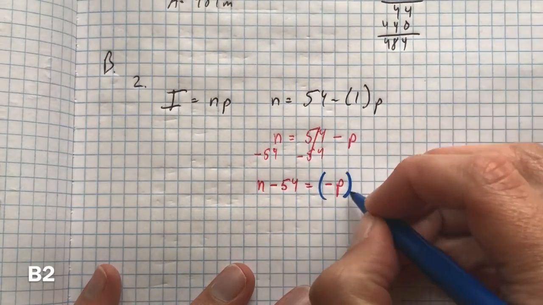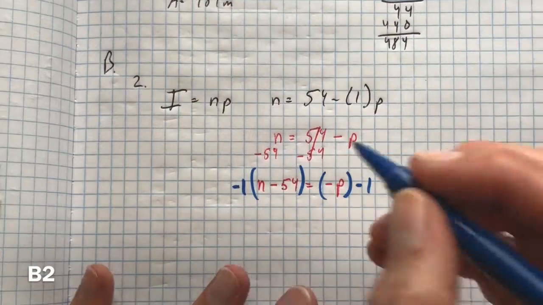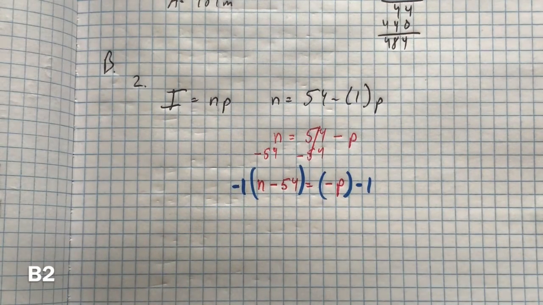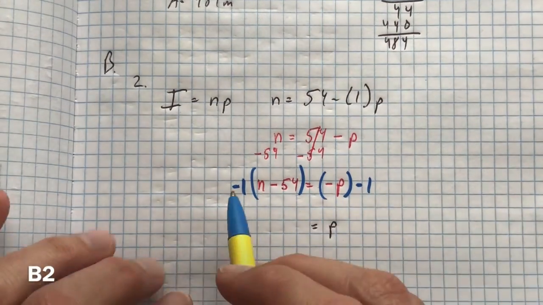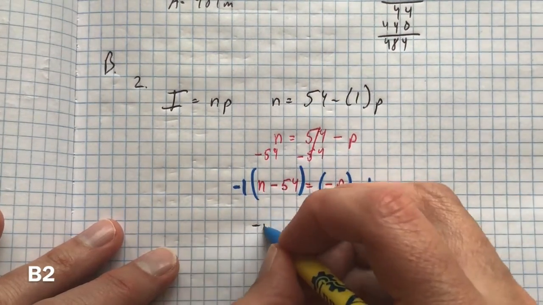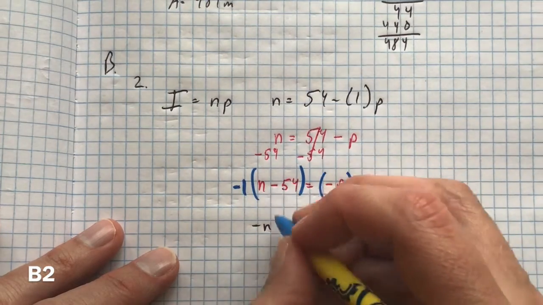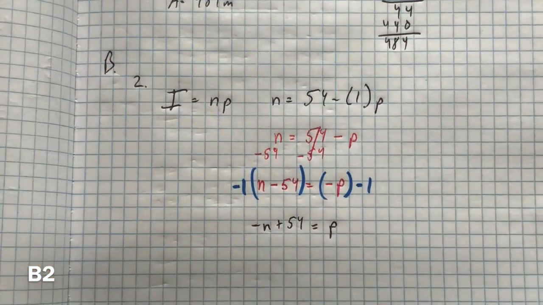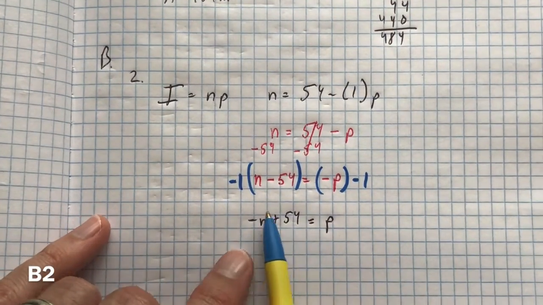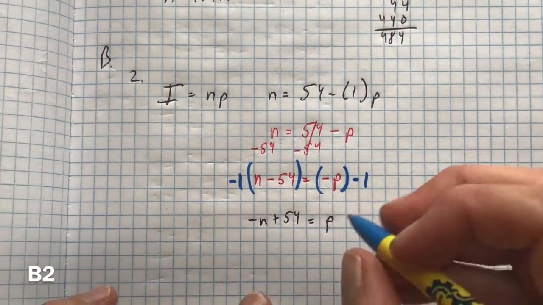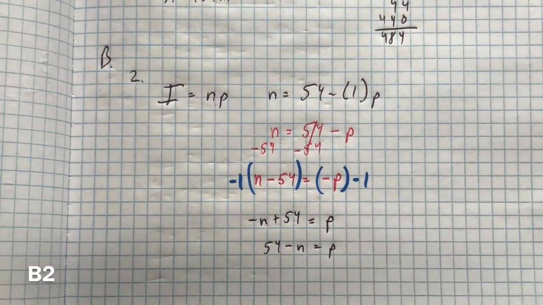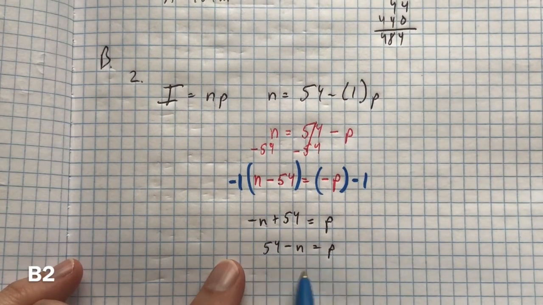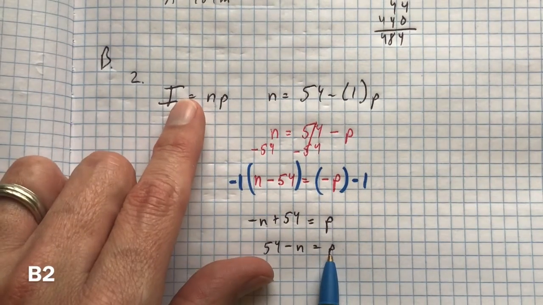So I'm going to take all of this times -1 and all of this times -1. So what happens when we do that is -1 times negative p becomes a positive p, and this -1 being distributed through ends up being a negative n, and -1 times that negative 54 ends up being a plus 54. Now because addition is commutative, I can move this around to have 54 minus n is equal to p. And hopefully that looks familiar to what we were doing up above.